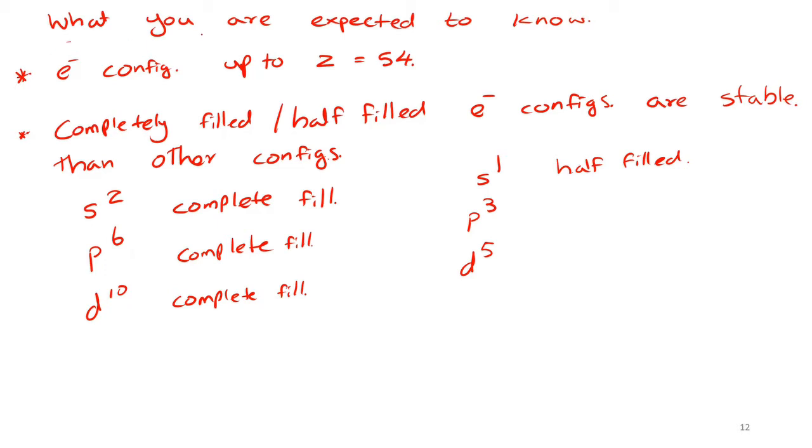And what else are you expected to know? You're expected to know the exceptions in the 3d series. That is chromium, and the other one was copper.